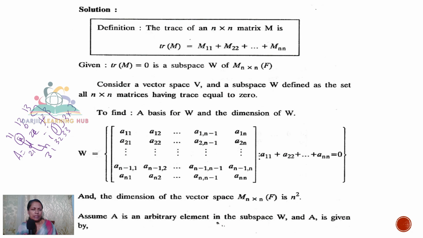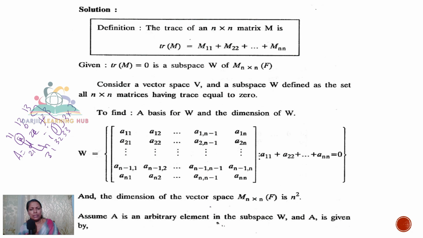So now let us see that trace of M equal to 0 is a subspace W of M n by n F. While proving a subspace, we have to check three conditions: it contains 0, closure under addition x plus y, and closure under scalar multiplication cx. So trace of M equal to 0 is a subspace W of the n by n matrices.